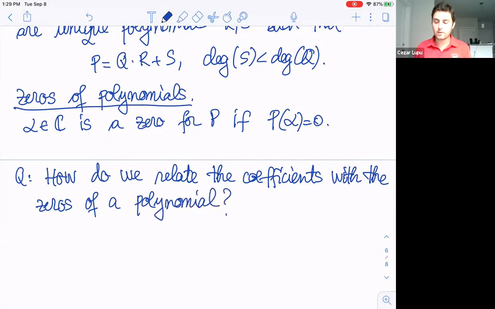That is the question. And the answer is given by the following formulas, Viète's relations.